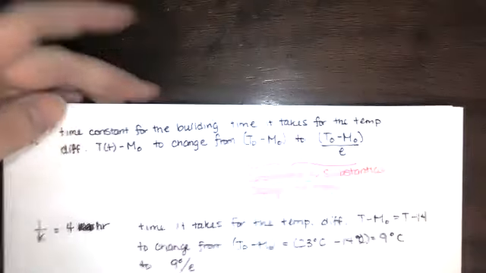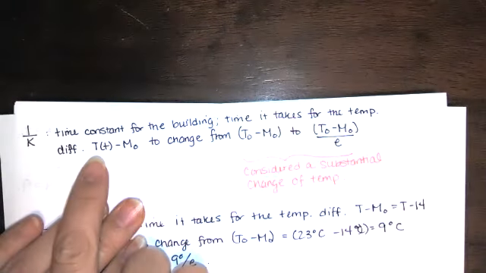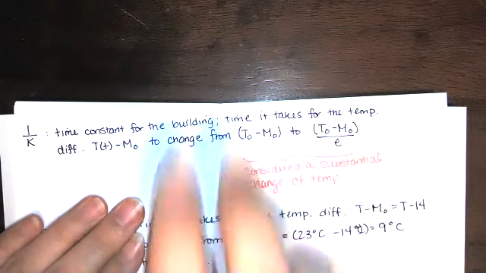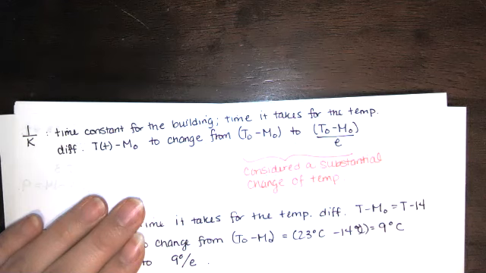The time constant is the time it takes for the temperature difference, the difference between the inside temperature and the outside temperature, to change from that initial temperature difference to that initial temperature difference divided by e. If you're wondering why the initial temperature difference divided by e, it's just what we are choosing to consider a substantial change in the temperature.